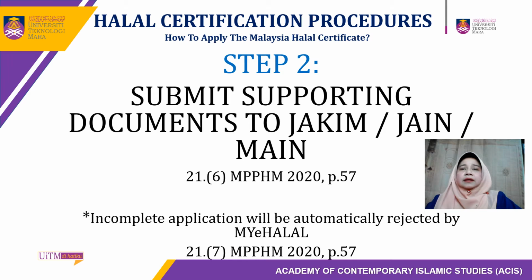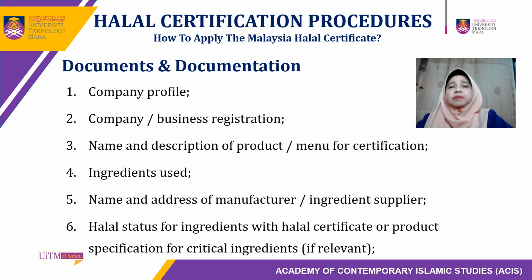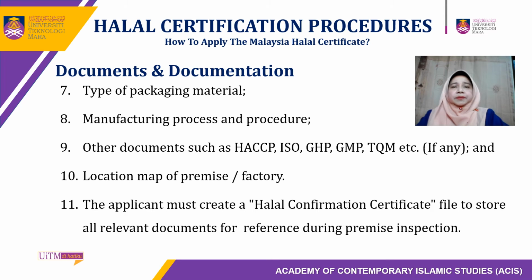Alright. Step 2 is to submit supporting documents to JAKIM or JAIN or MAIN. For the documents and documentation, first you need to have the company profile, and then the company business registration, name and description of product, menu for certification, the ingredients used, name and address of manufacturer or ingredient supplier, halal status for ingredients with halal certificate of products, and specification for critical ingredients if relevant.